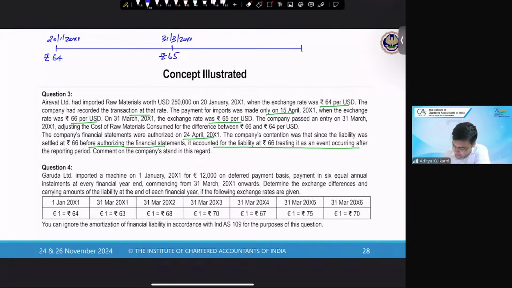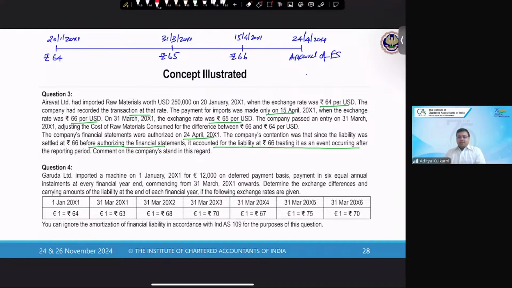Then I'm having settlement date, what is it? 15th April, rupees 66. And 24th April, approval of financial statements.